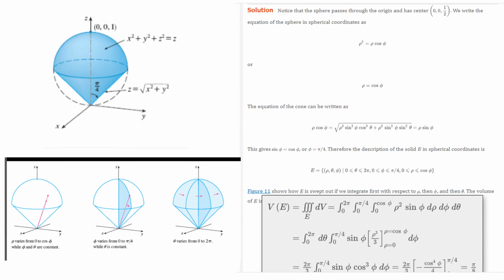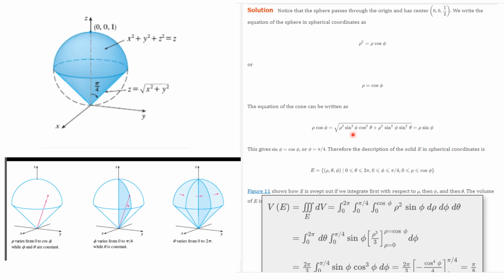See how you did. Okay, now notice that the sphere we were talking about has radius 1/2 and a center at (0, 0, 1/2). So we can take this expression, and x squared plus y squared plus z squared really is just rho squared, and z is rho cosine phi.